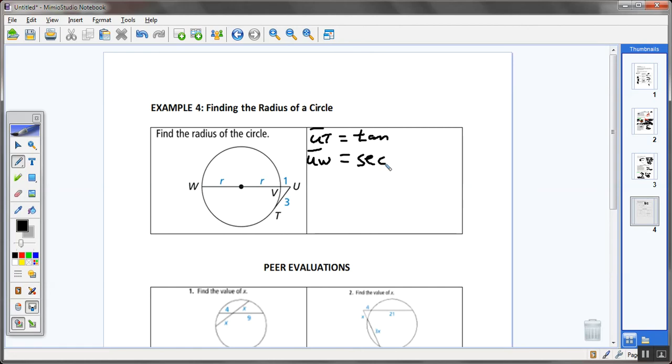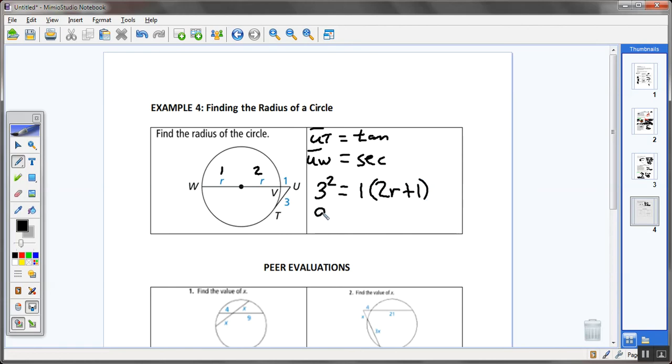So by our last theorem, I can simply say our tangent squared, which is 3, I can say 3 squared equals the outside secant of 1 times the whole secant, which is really 1, r, 2r plus 1 more, so I could call this 2r plus 1.